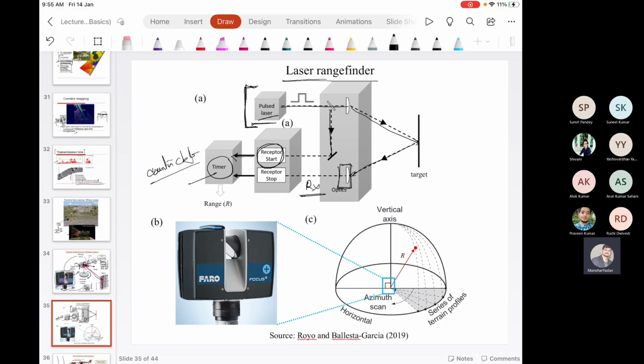Once it is received at the optics of the receiver, again a receptor stop signal is generated, and it further triggers the timer circuit to stop the counting. So in this way, using these electronic components, the total time of travel taken by a laser beam from the transmitter to the receiver end is recorded.